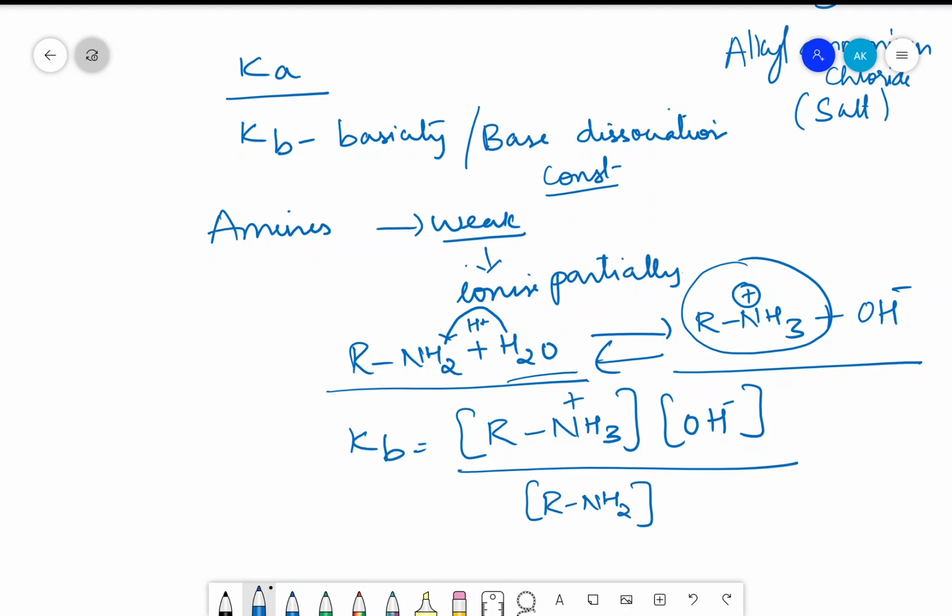If I don't write water, it won't make any change because the concentration of water will be equal to 1. So we can omit this also, it will be easier for remembering.